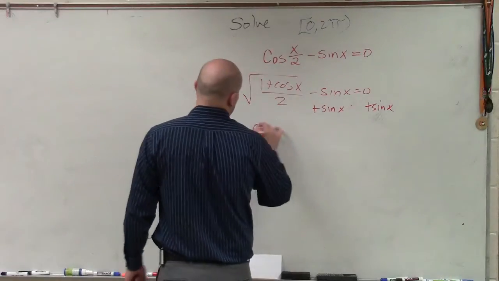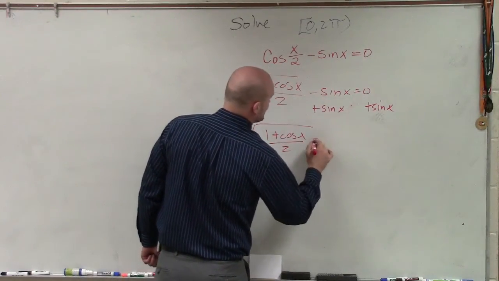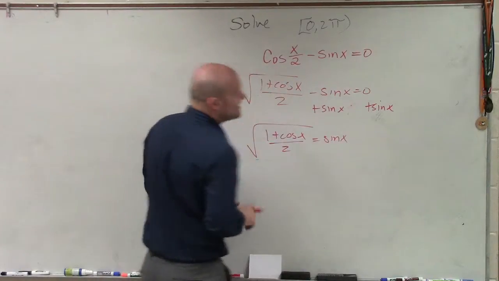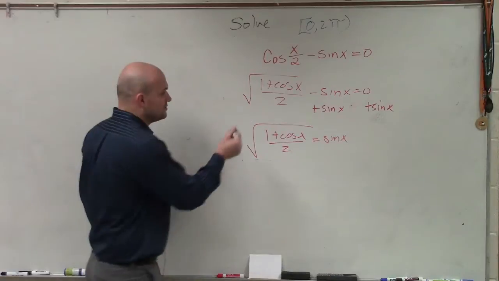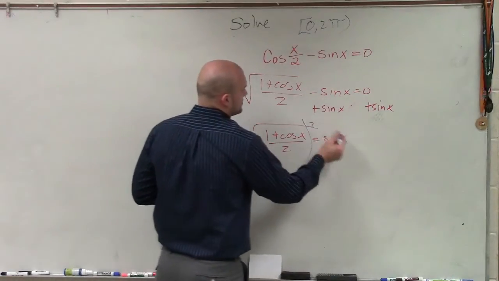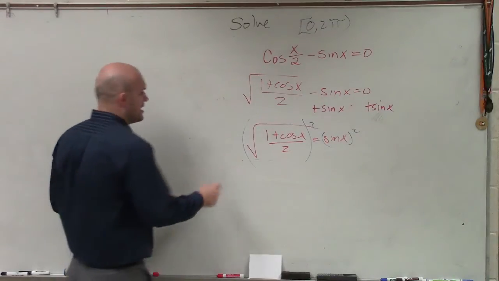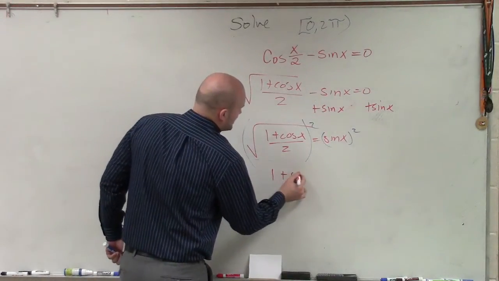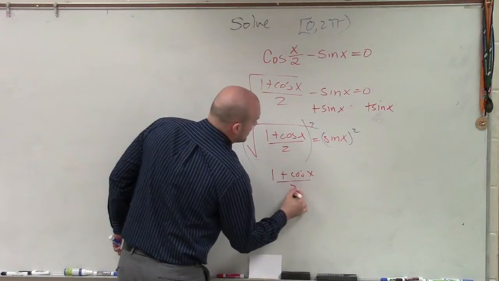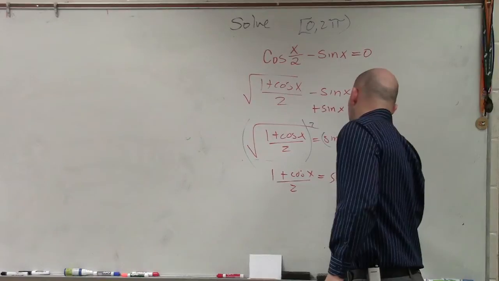Okay, so now I have the square root of (1 plus cosine of x) divided by 2 equals sine of x. Now, ladies and gentlemen, it makes perfect sense for me to square both sides to undo the square root. Okay? So then, now I have (1 plus cosine of x) divided by 2 equals sine squared of x, right?